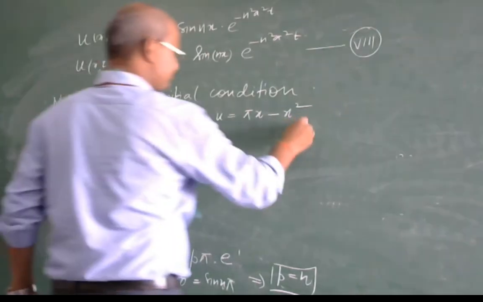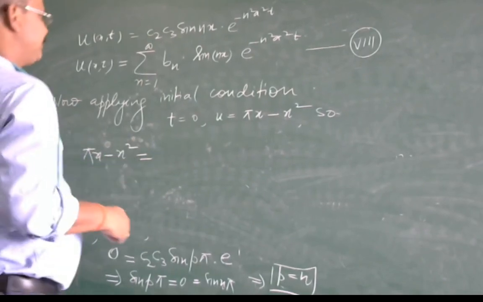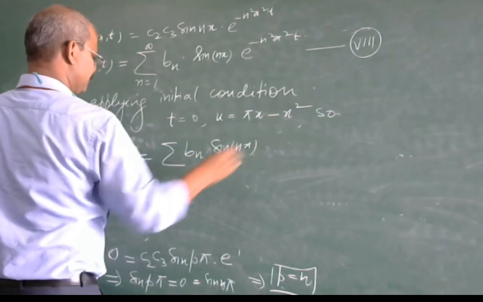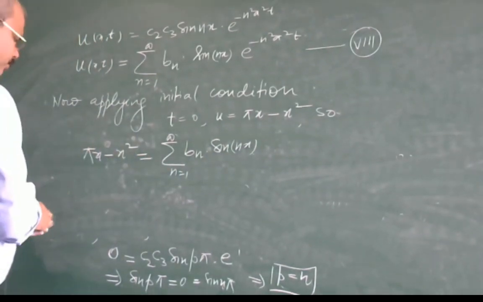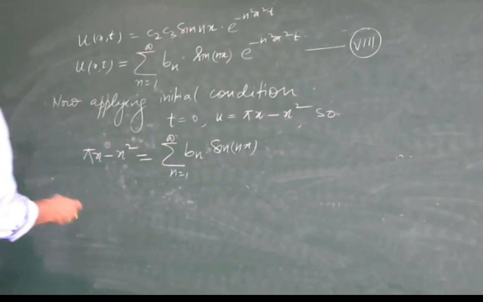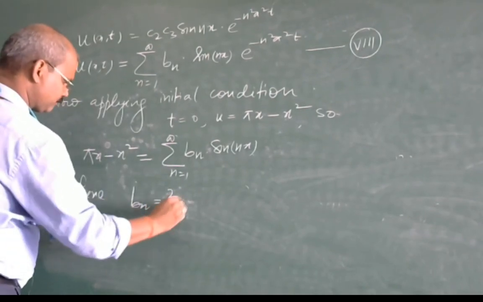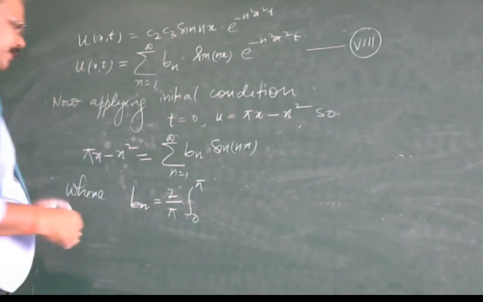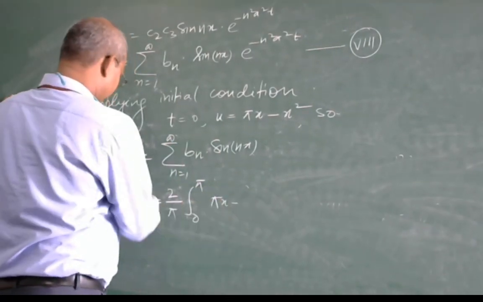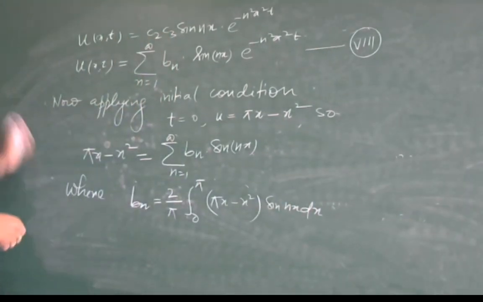So pi x minus x square equals summation n equal to 1 to infinity b_n sin nx. Here b_n is 2 upon pi, integral 0 to pi, of pi x minus x square, this is f(x), times sin nx dx.